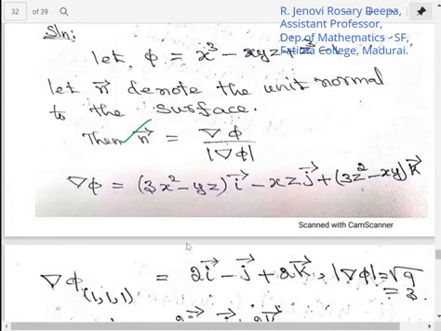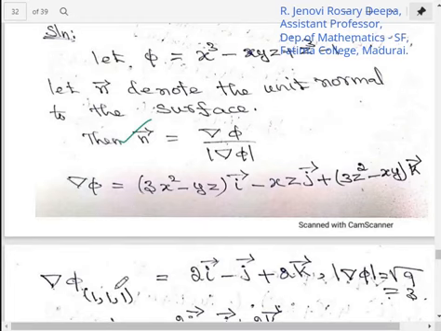The partial derivative with respect to x is 3x squared minus yz, the coefficient of the i vector. The coefficient of the j vector is dou phi by dou y, that is minus xz. The coefficient of the k vector is dou phi by dou z, which is 3z squared minus xy. So this is grad phi.